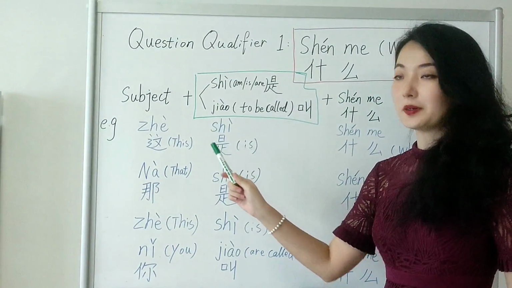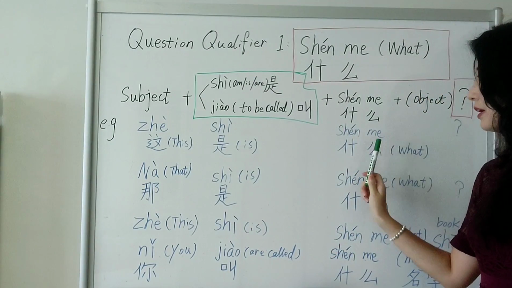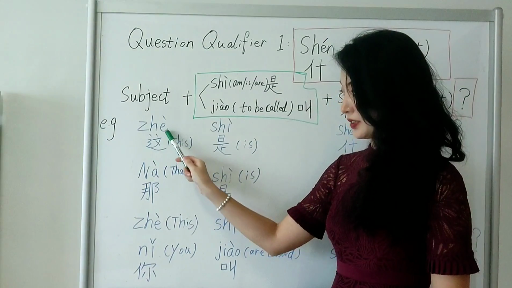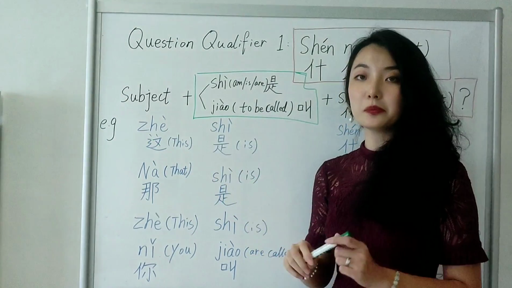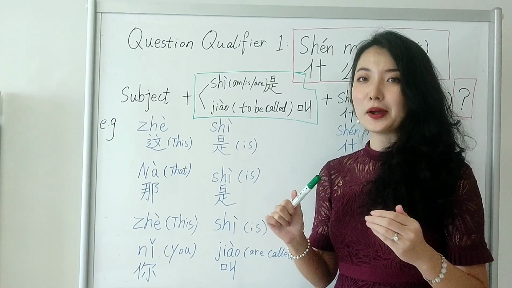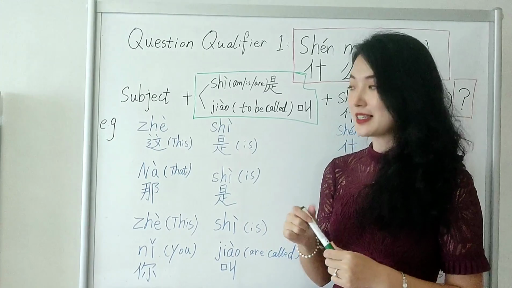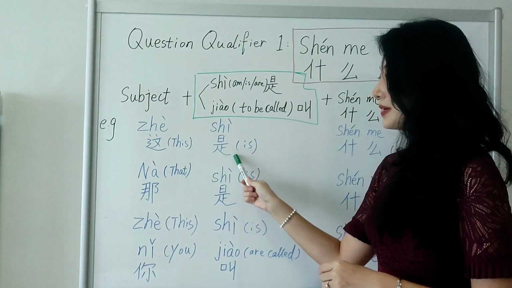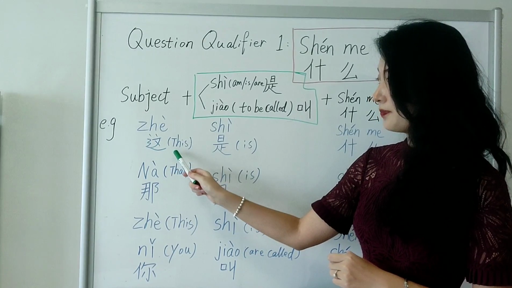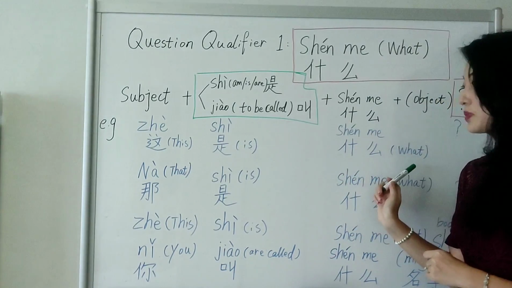The first example is 这是什么? 这 means this, and this is the Chinese character of this. If you're not familiar with the structure of Chinese characters yet, please click the video below where it has a brief introduction of the several structures of Chinese. 是, it means to be, but here because of 这 as the subject, 是 here means is. 什么 means what.